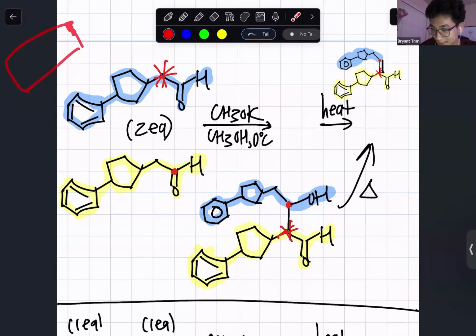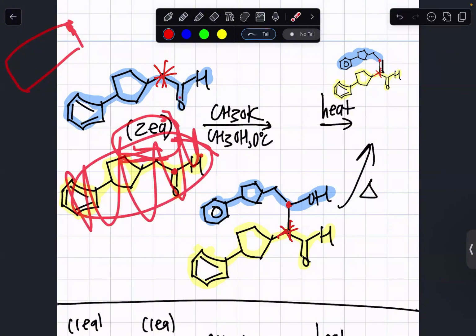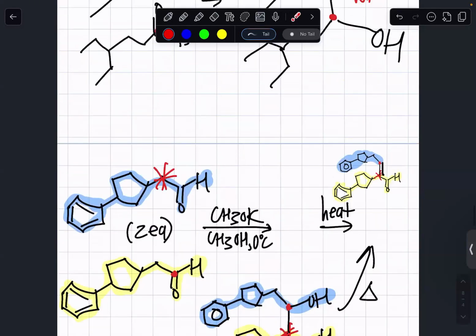But we know there's two equivalents of this right here, so that's why we know that the enolate ion is going to attack another equivalent of this molecule. If there was only one equivalent of it, then we would protonate it. It's not always stated that there's two equivalents, so we kind of just have to guess.